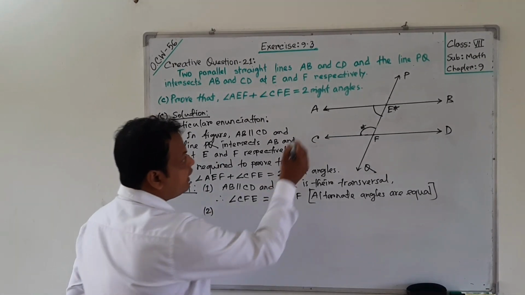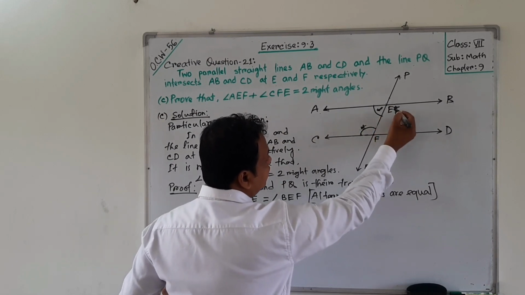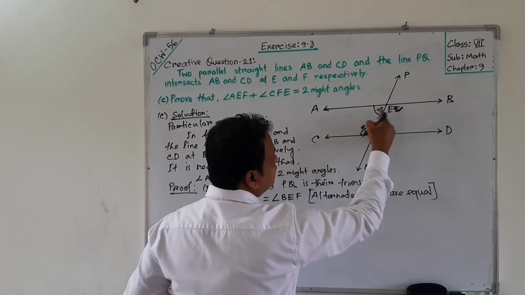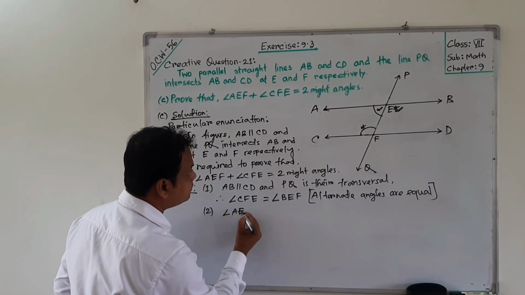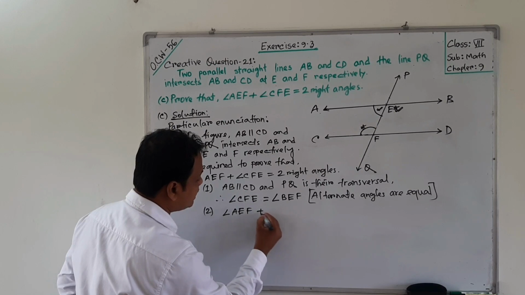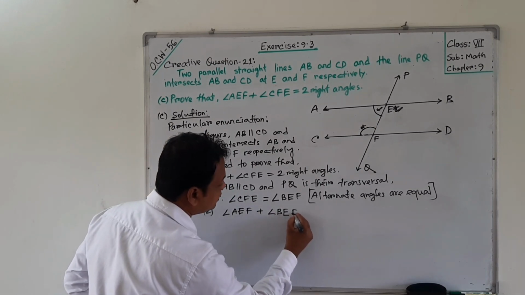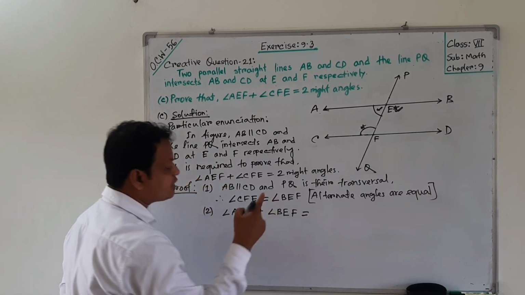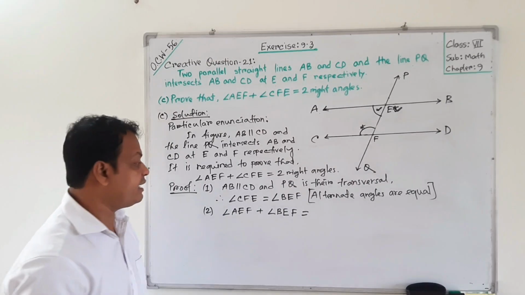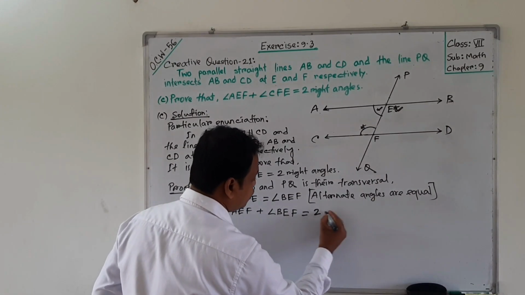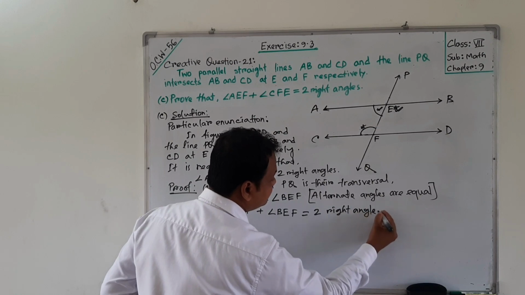We can write angle AEF plus angle BEF. The sum of these two angles is one straight angle, or two right angles.